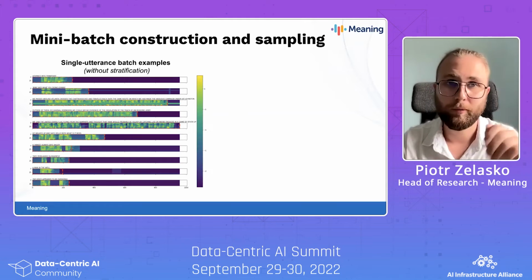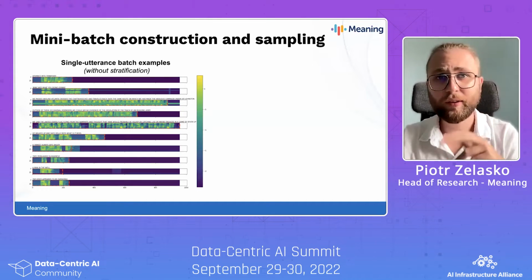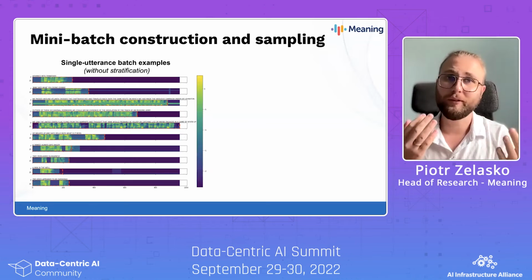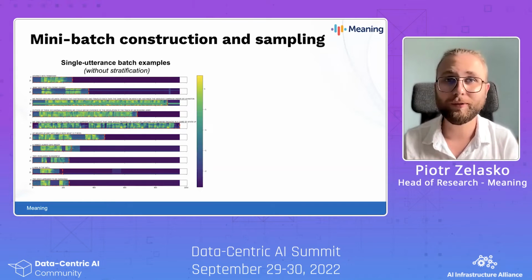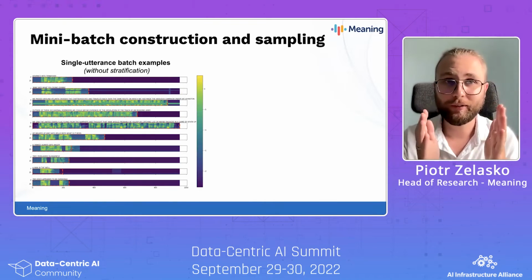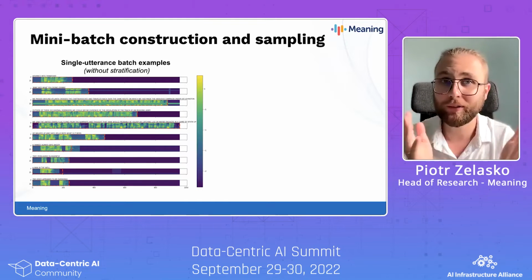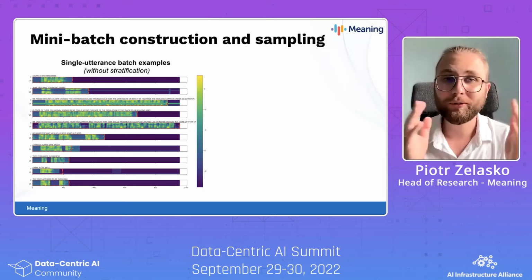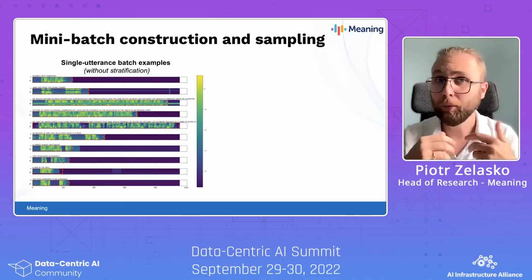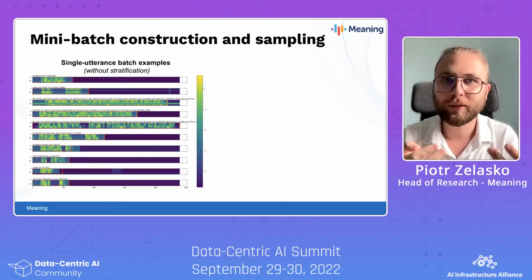First, let's start with some concepts. As I told you, there are different lengths of utterances. Even if we deal with short utterances, this could be a 3-word utterance, a 5-word utterance, a 20-word phrase. They will be very different in duration. People who work with NLP understand this problem well.